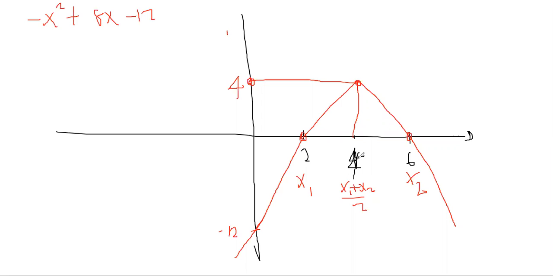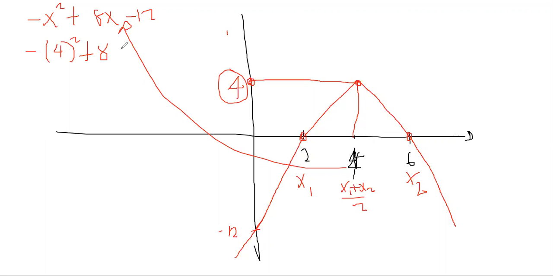If we take this 4 here and substitute it, it will be minus 4 raised to the power of 2, plus 8 times 4, then minus 12. If you solve this, it will give you 4. So it's that 4 that we bring here.